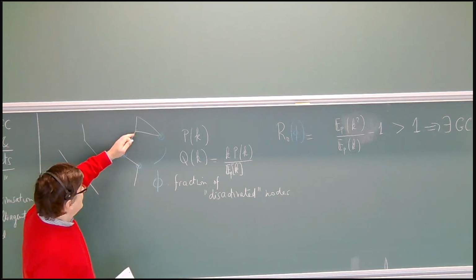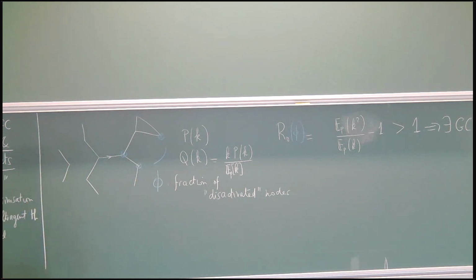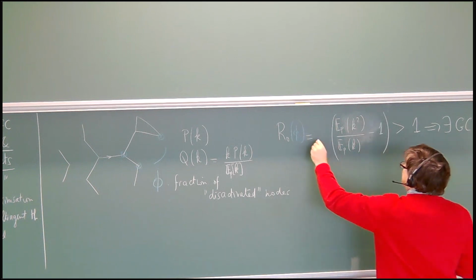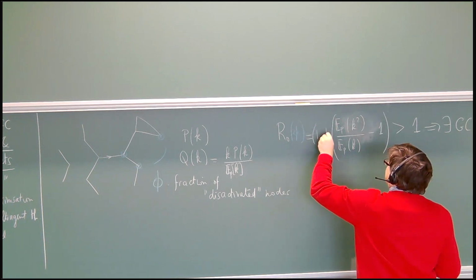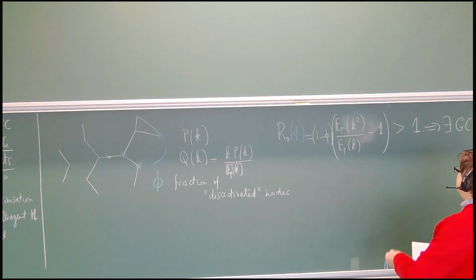So now I have to count the average number of children, knowing that a fraction phi of the nodes has been deactivated. And so the argument is simply to multiply this quantity here by 1 minus phi. This is the reduction of the average number of children per node. And so the generalized criterion to know whether you have a giant component or not in the presence of this attack is very simple.